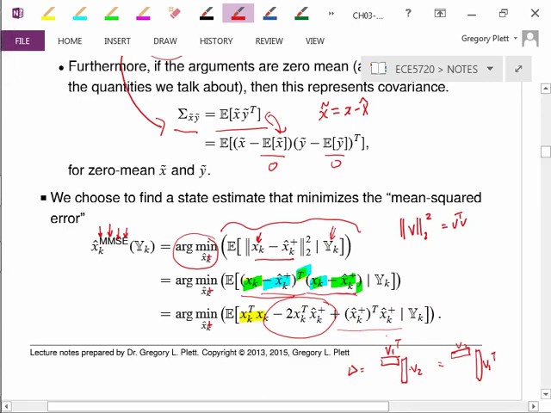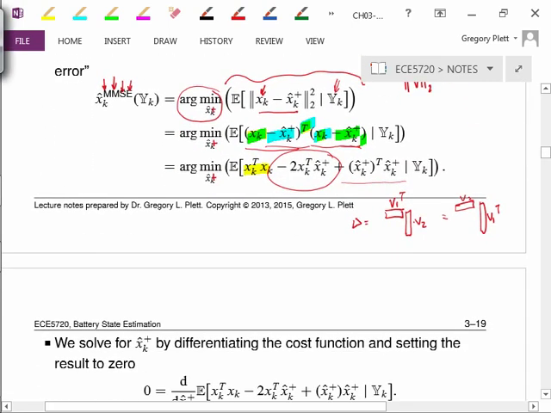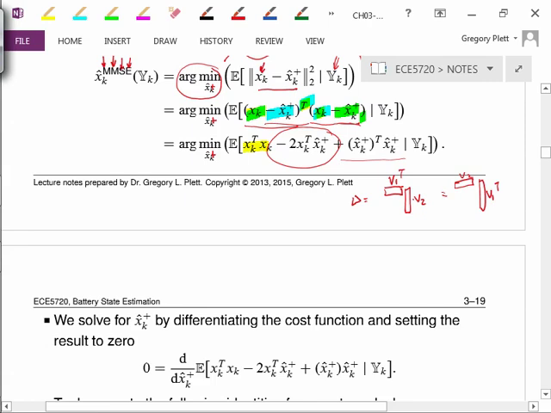Now, when we minimize a function, one way of doing it, at least analytically, is to take the function and set its derivative to 0 and solve. And even though this is a vector equation, it turns out we can still do that if we invoke some vector calculus relationships to help us.